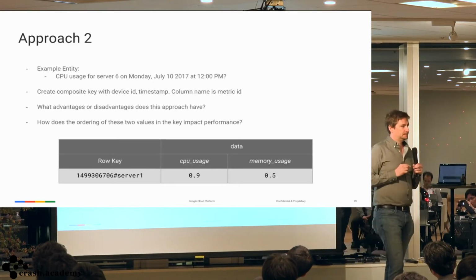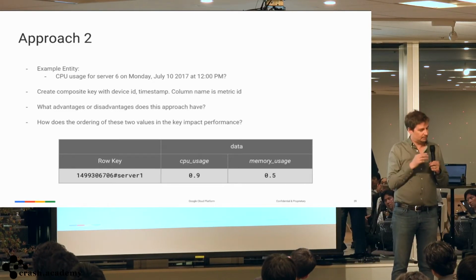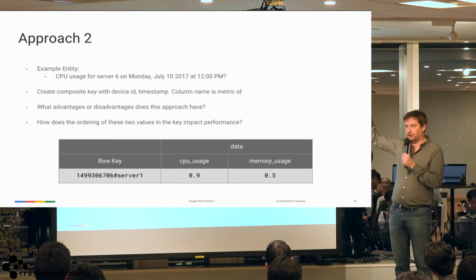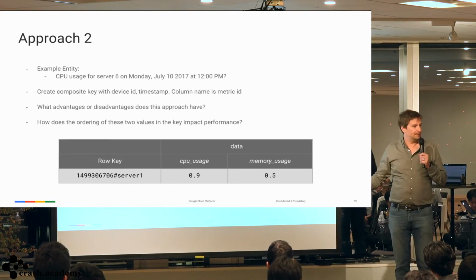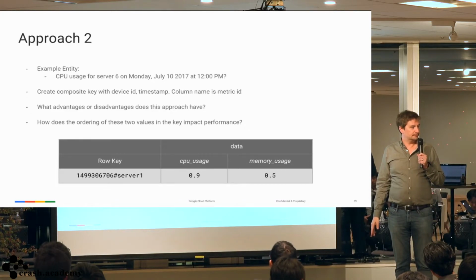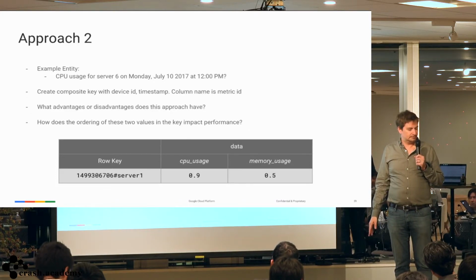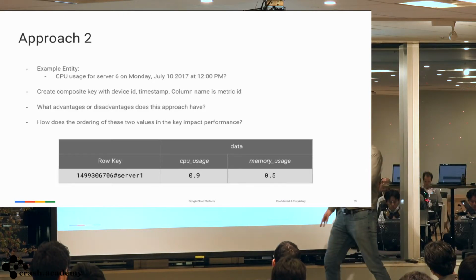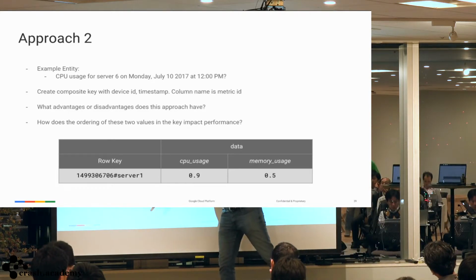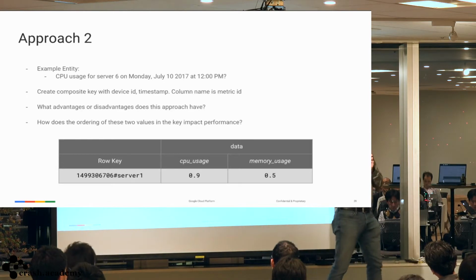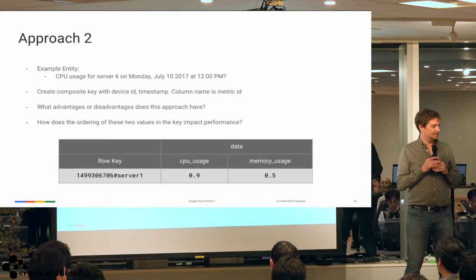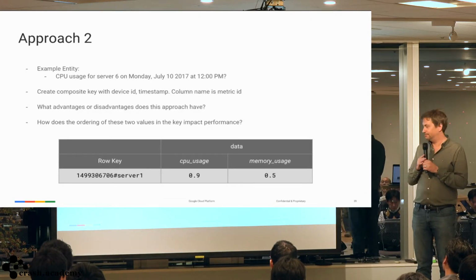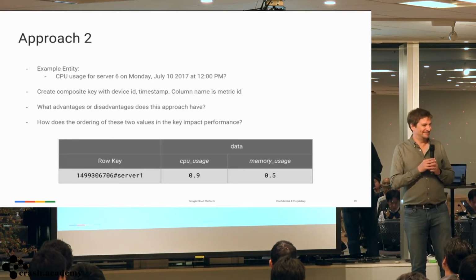But because the row keys are stored in alphabetical order, it's still the exact same problem because the row key starts with the current time. The row keys end up sorted close together, so it becomes a hotspot. So this is also bad.